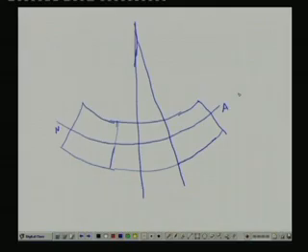Now, if we consider the original one, it got bent to this line as shown in the figure.